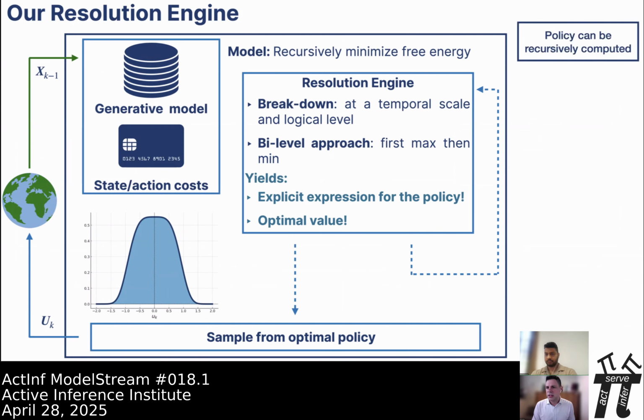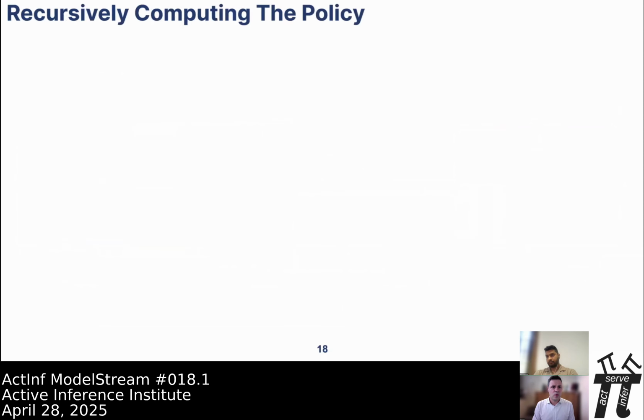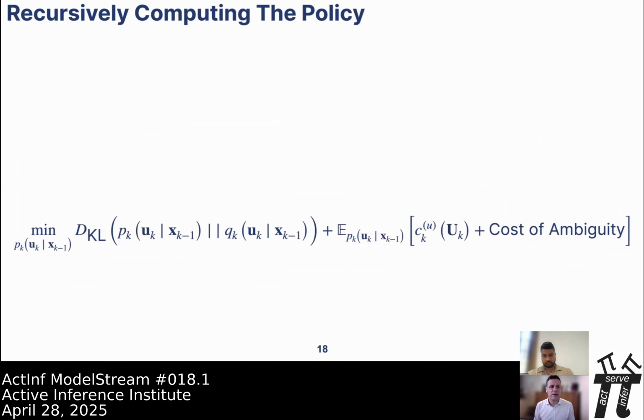Let me give you just the flavor of these key elements. First of all, the policy can be computed in a recursive way. In particular, it can be shown, I won't do the details here, that the policy can be computed straightaway as a minimization problem, which is a perturbation of the original problem, where rather than the cost we had before, we now have what we call the cost of ambiguity.